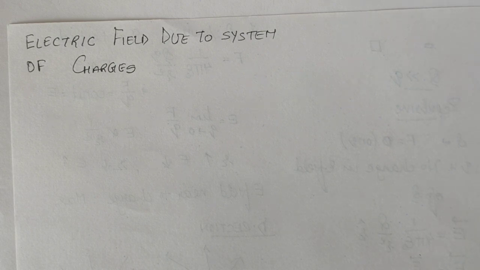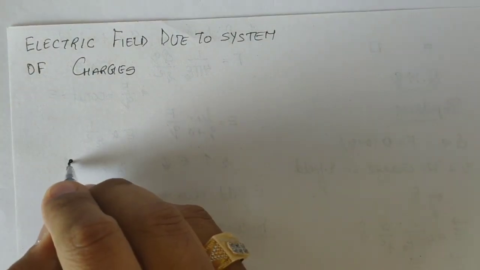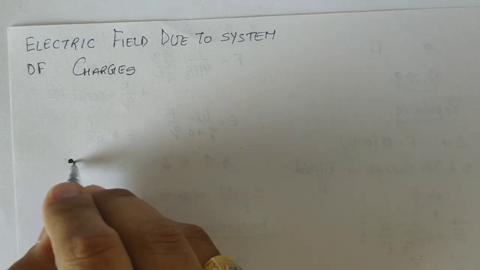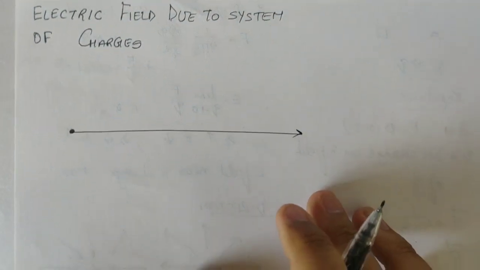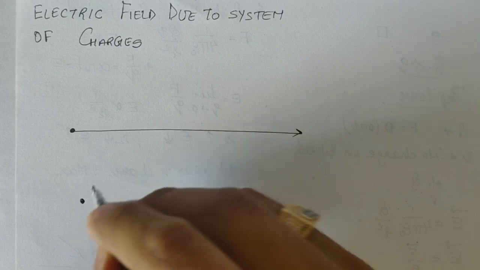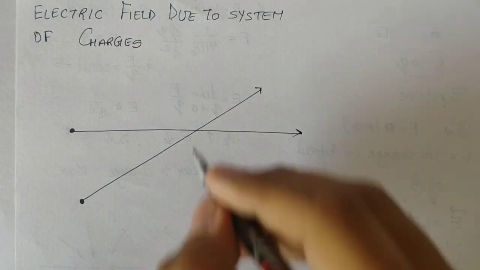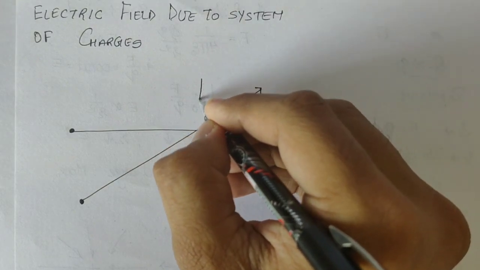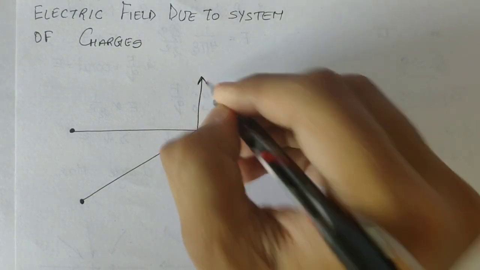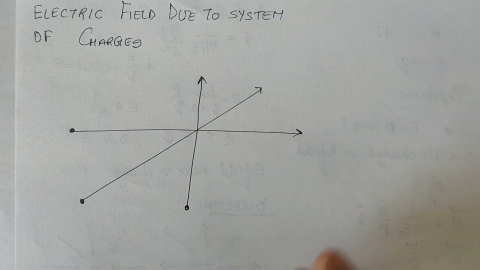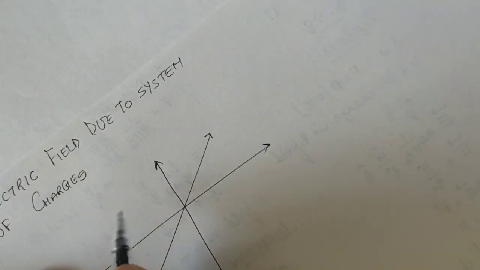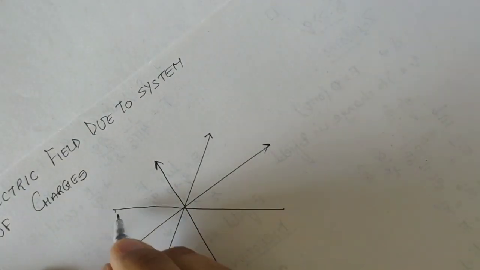For this we will consider four charges. Here is a charge and its electric field. Another charge, its electric field. Remember, all the charges are positive. Here is another charge and its electric field, and one more charge and its electric field.